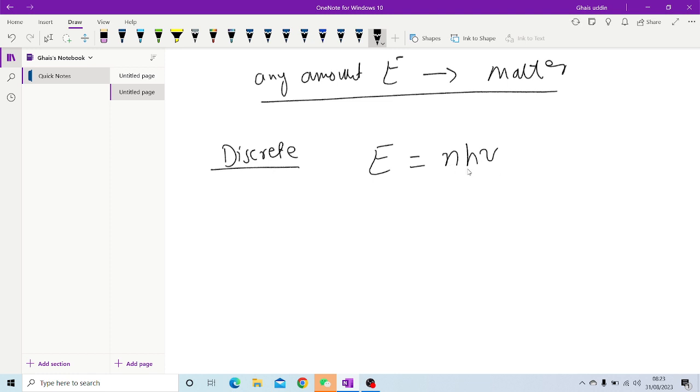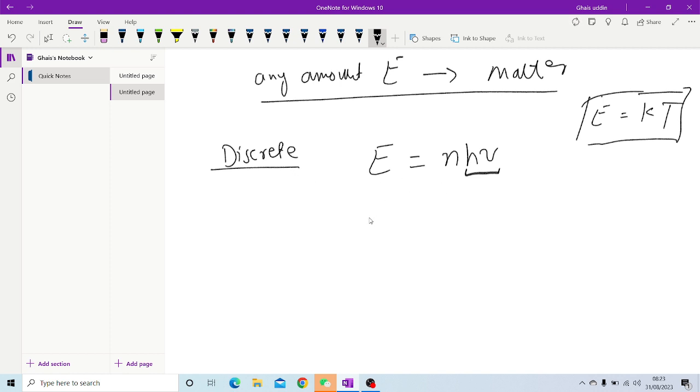So the energy is an integer multiple of this term. In the Rayleigh-Jeans formula, the energy was kT, which shows a continuous amount of energy. Now Planck considered that this energy must be discrete.